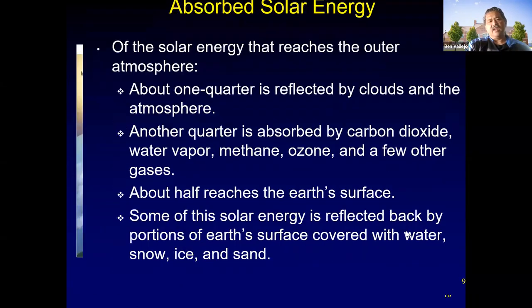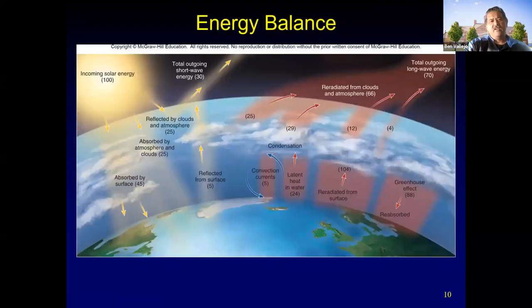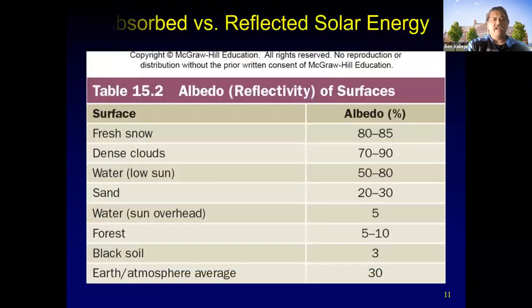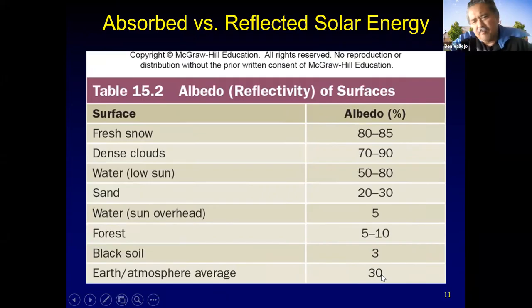And so this diagram here from the environmental science textbook shows you some numbers. And here is a table showing you the albedo of surfaces. You can see that the white surfaces have a greater percentage of the reflection of the light, but then things like black soil, 3%, and that makes sense, but the average is 30.